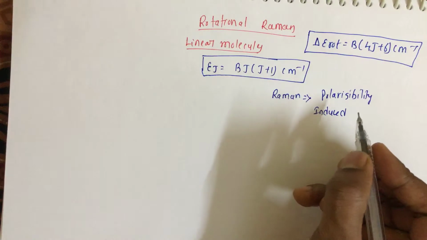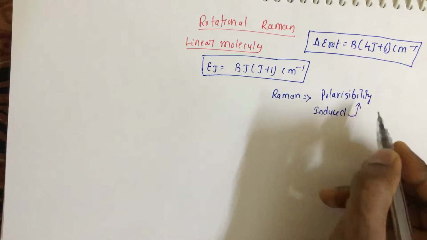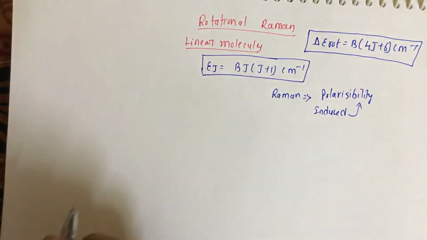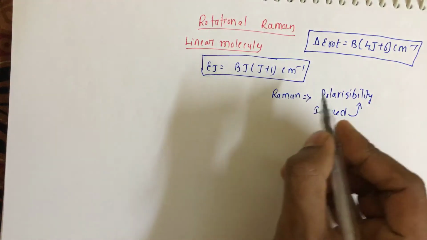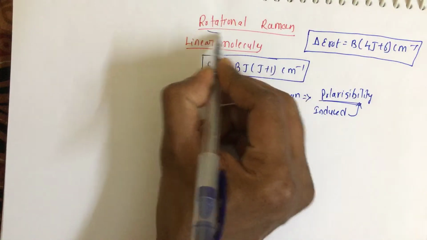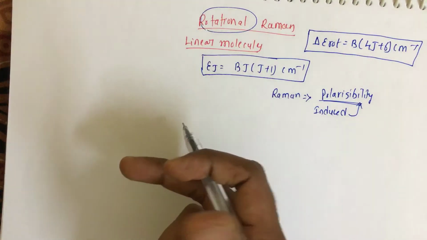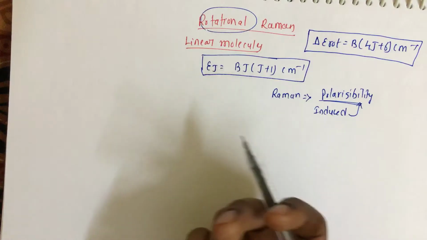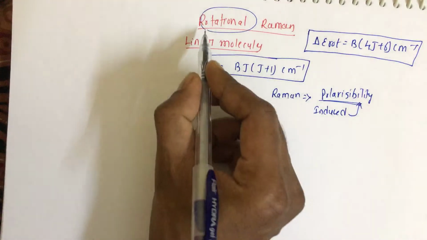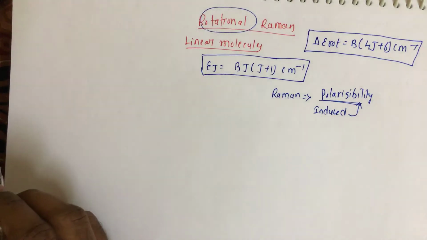Once we get an induced dipole moment, we say the molecule is polarizable. In rotational Raman spectroscopy we bring about this polarizability by rotating the molecule, making it a polarizable molecule. That's why we call it rotational Raman spectroscopy.